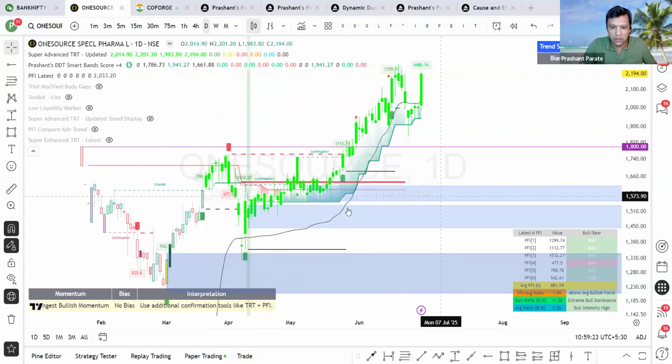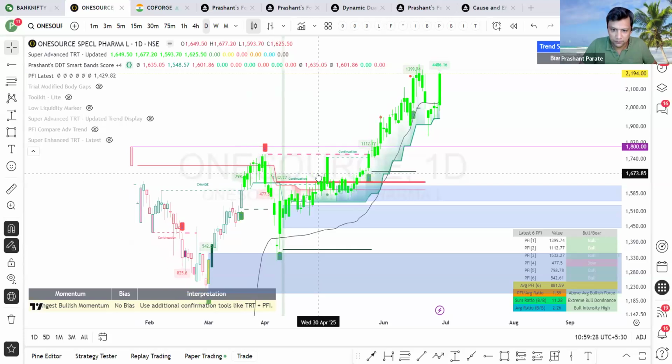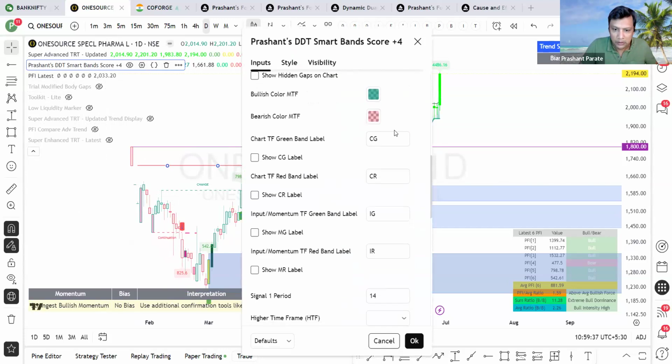And because the thicker band is still not present, other momentum entries are not visible. The thicker band is not visible, the chart time frame band is not visible till now. Now I have made these labels here: CGCR, this is chart green, chart red, input green, input red.